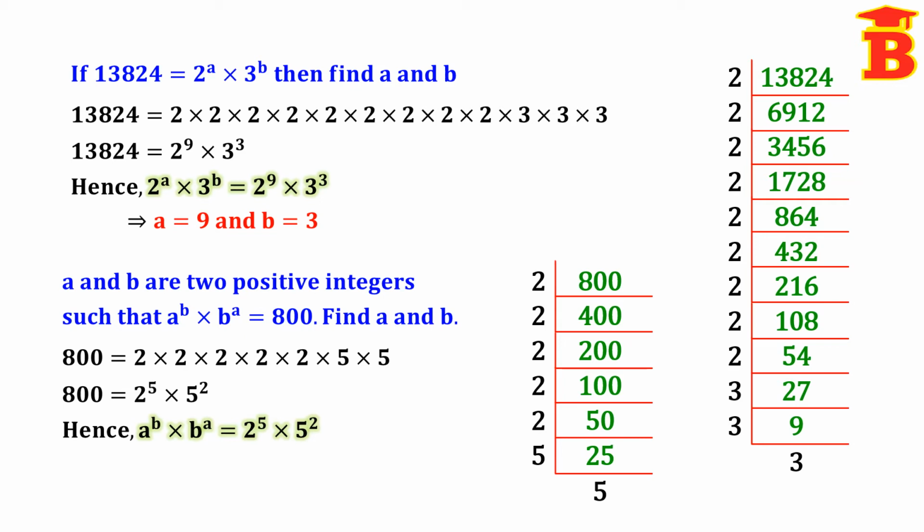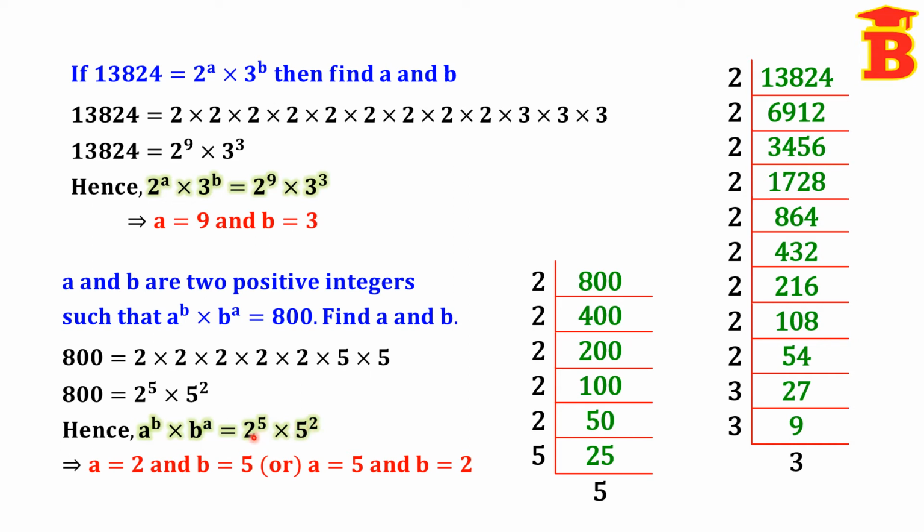So in the question it is given that the number is a power b into b power a. That is equal to 2 power 5 into 5 power 2. So equating this, we can find the values of a and b. A power b into b power a, right hand side 2 power 5 into 5 power 2.